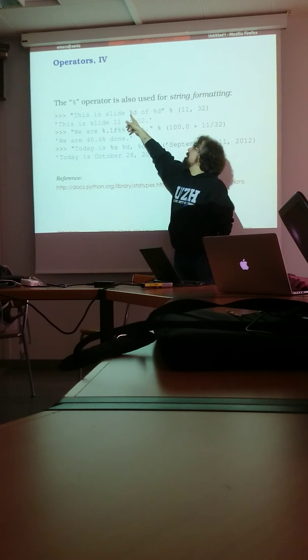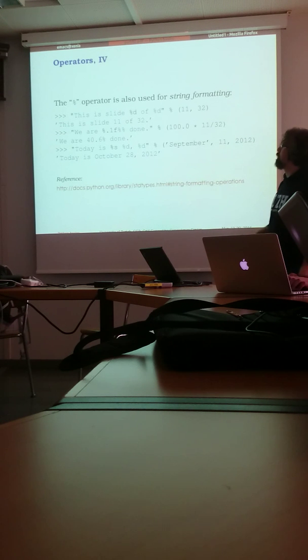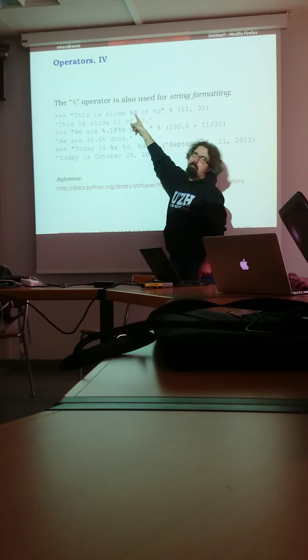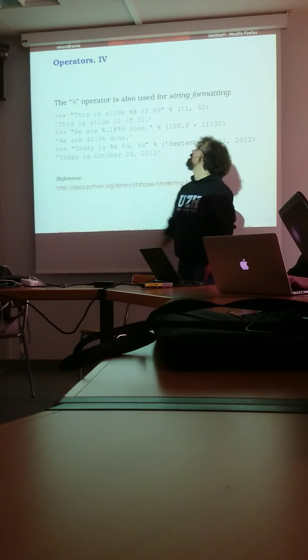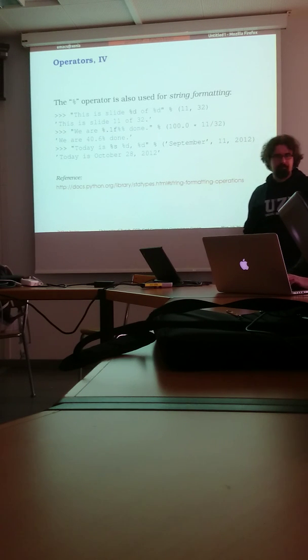So %d means insert an integer number here, a signed integer number. So here's the first integer number, it goes in this place. So 11. 32 goes in the second place.